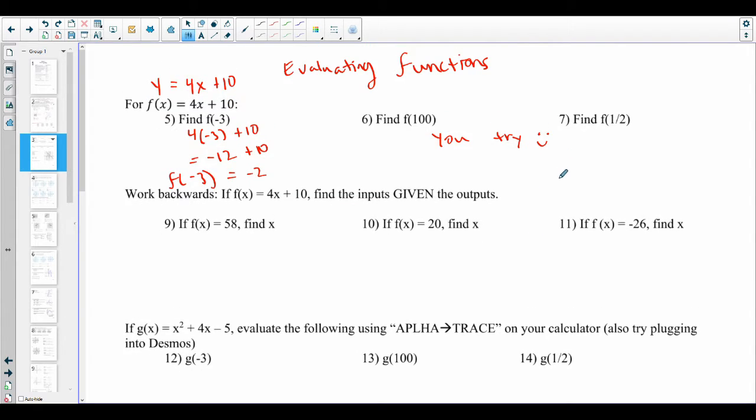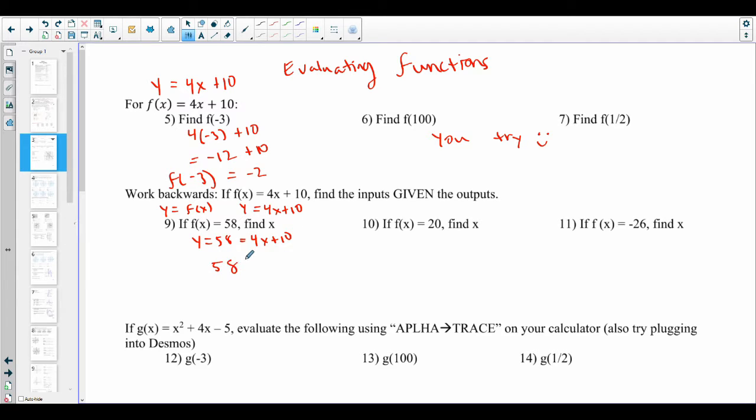We can even work backwards. If we're told f of x equals 58, we can use that to find x, because remember, y equals f of x. So in other words, y equals 58. And because f of x is also equal to 4x plus 10, we can set this whole thing equal to 4x plus 10.